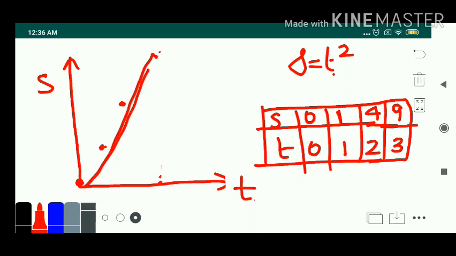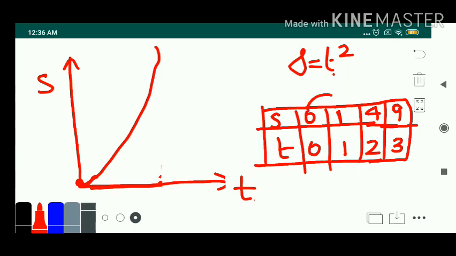When I draw it, it doesn't look proper, but it is curvy. It will be like this, because the time duration is less but the displacement is increasing at a fast pace. First the difference was only 1, then it became 3, then 5. Very high change in displacement. That means the velocity is varying.